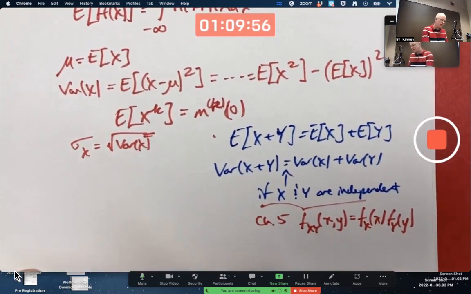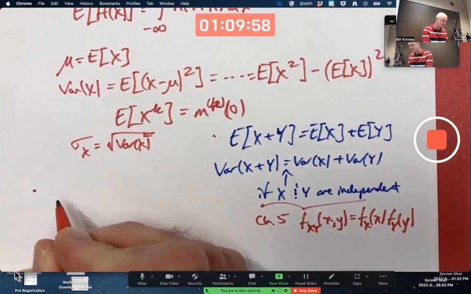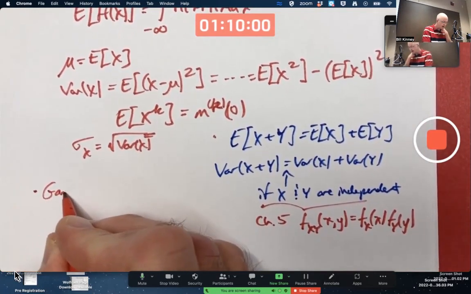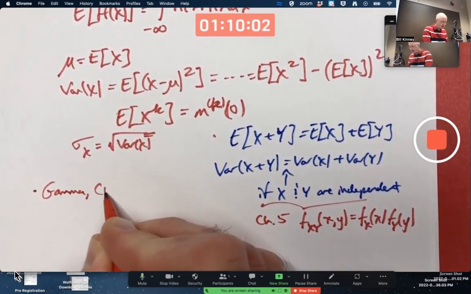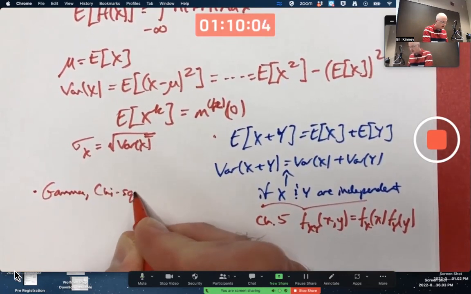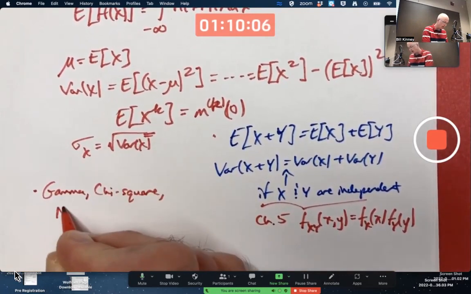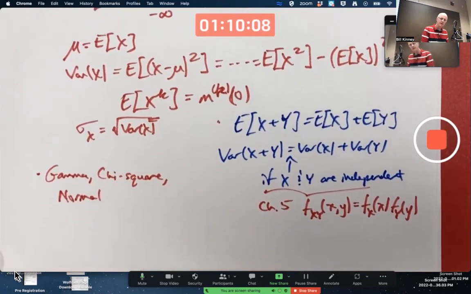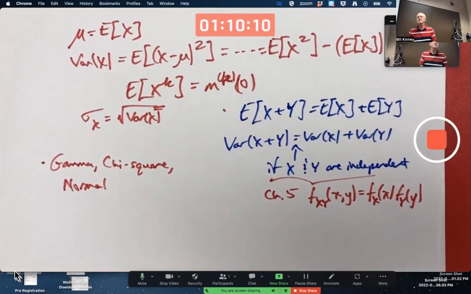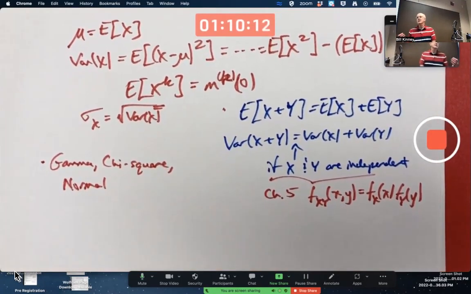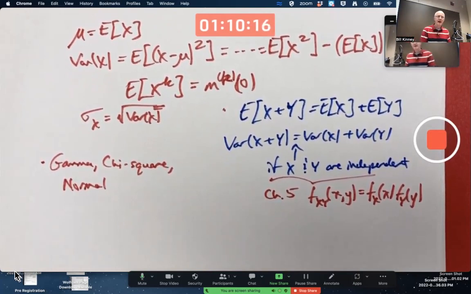We also in chapter 4 had various special distributions, gamma, chi-square, normal. You want to make sure you get practice computing probabilities with those. I would encourage you to do it both with your calculator and with tables. Get some practice with that. Even though we got our high technology, I think it's good to practice with the tables.